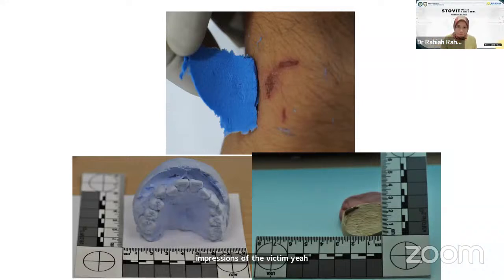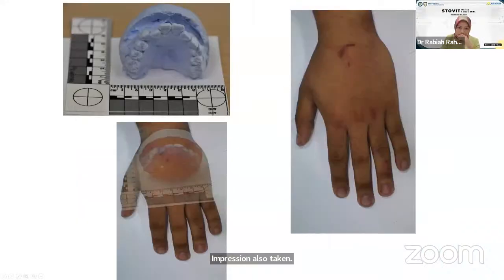Then an impression was also taken for the suspect, and based on superimposition analysis, it was found that the teeth pattern matched the injury on the suspect's skin.